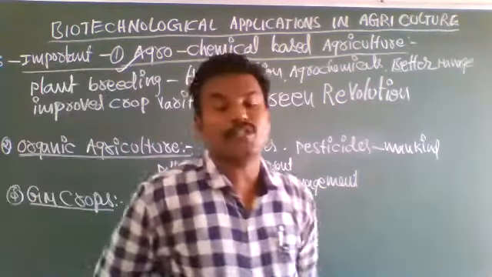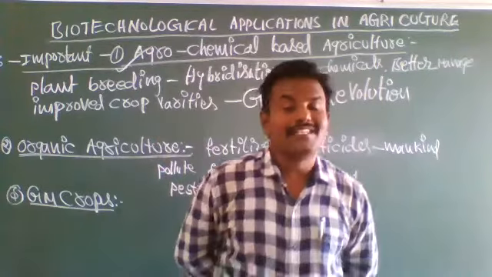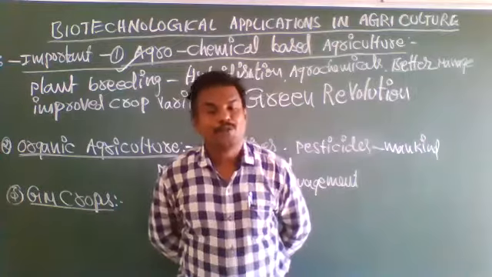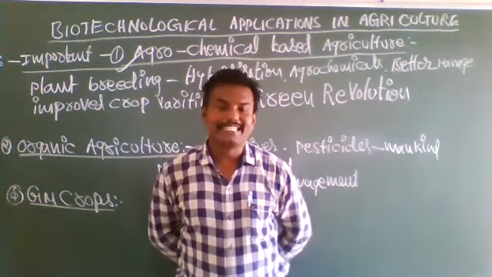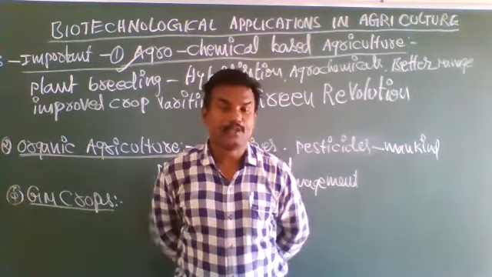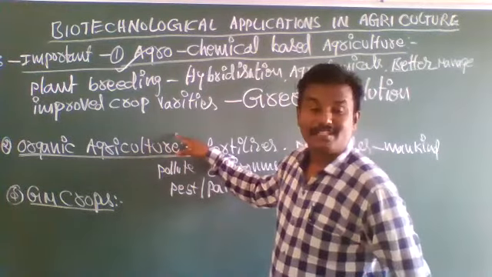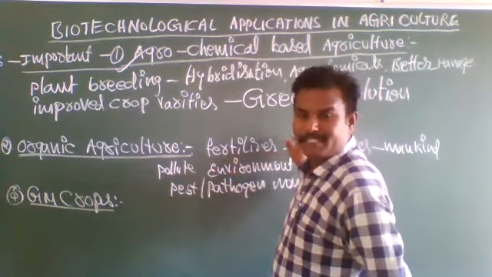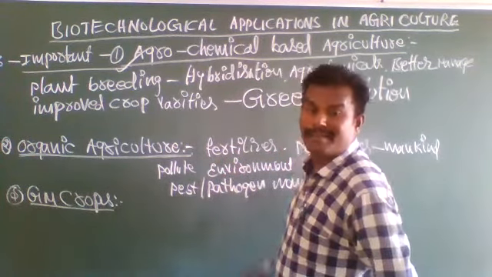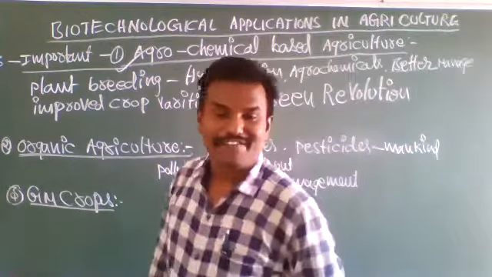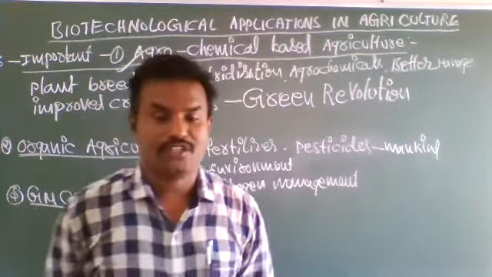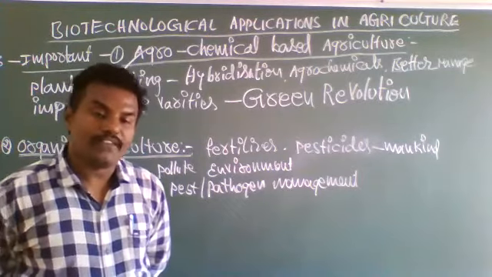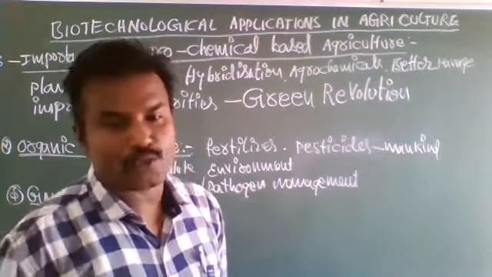Organic based agriculture means that without using fertilizers and pesticides, only biomanure is used to produce crops and get an excess yield. The main aim is to reduce the need for fertilizers and pesticides, which are not only harmful to mankind but also pollute the environment. It is highly expensive and requires very good knowledge of pest and pathogen management.